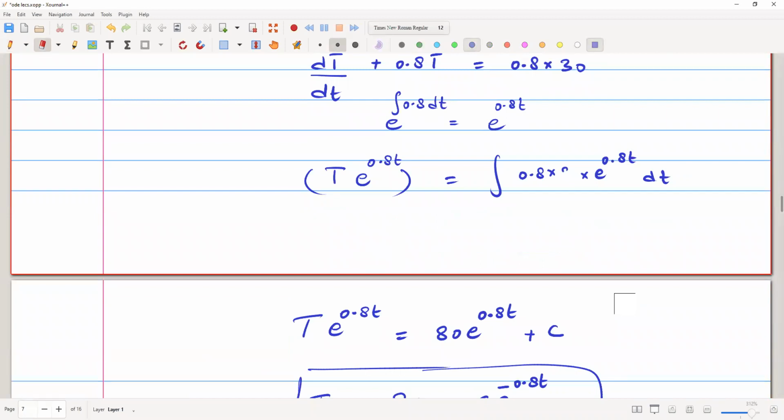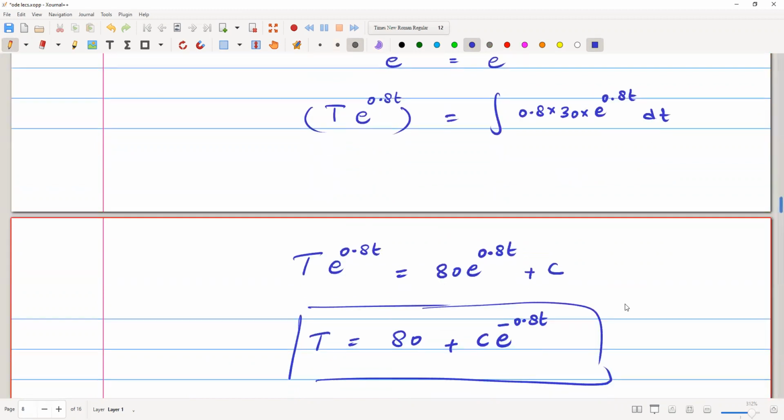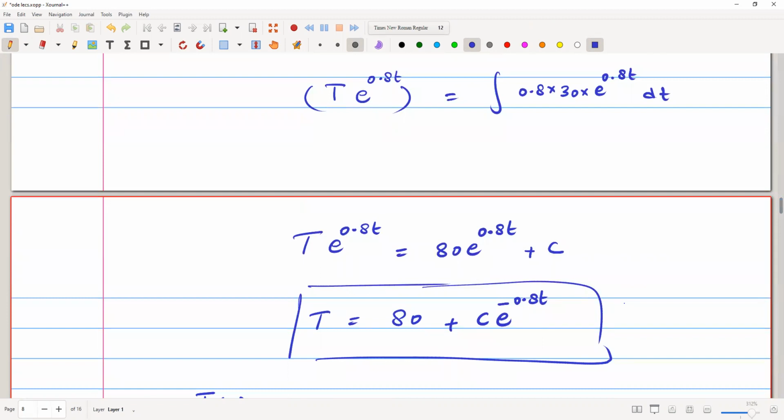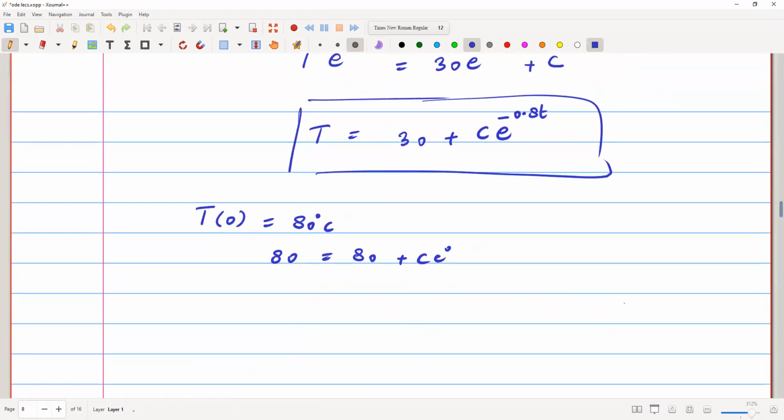You can see that the room temperature was 30, but we wrote it mistakenly, so it will be 30 here as well. And the initial temperature we have is 80. So now it's fine. This implies that C equals 50 degrees centigrade.